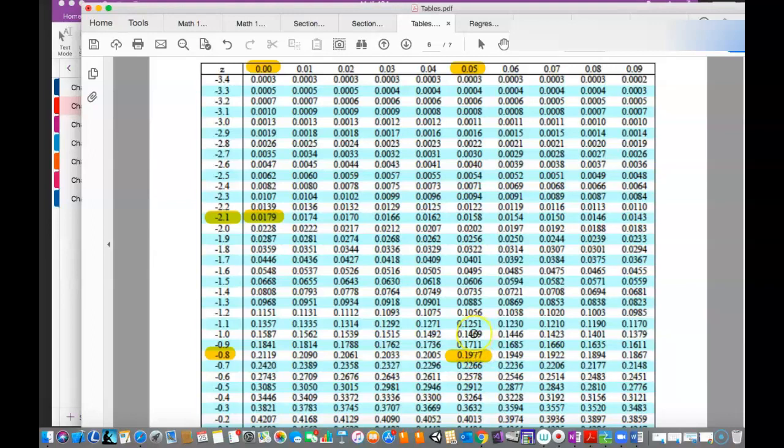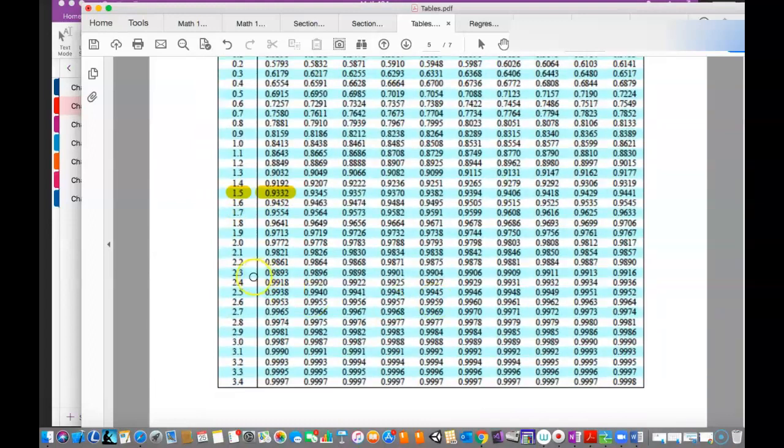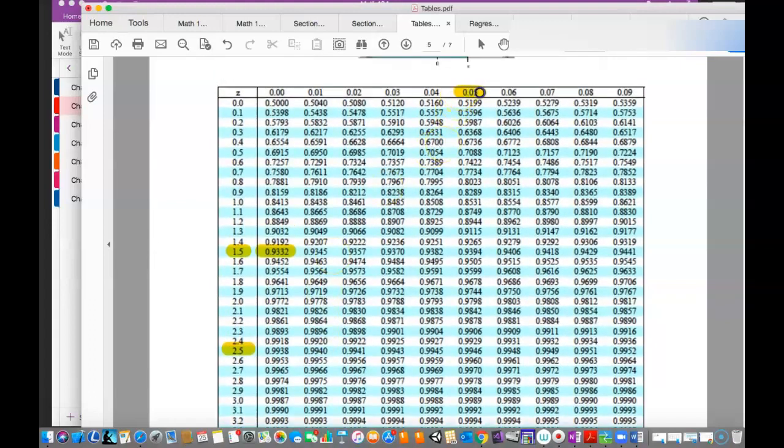Okay. And the other one for when Z is equal to 2.55, that is positive. So 2.50, here is plus that part, we have 2.55. And the area is 0.9946.